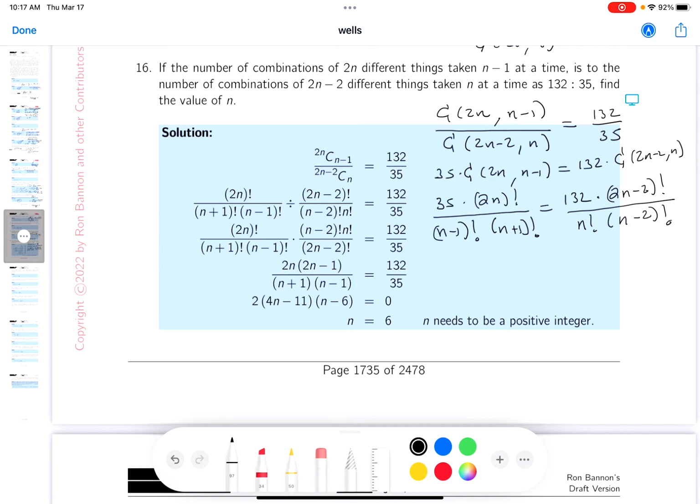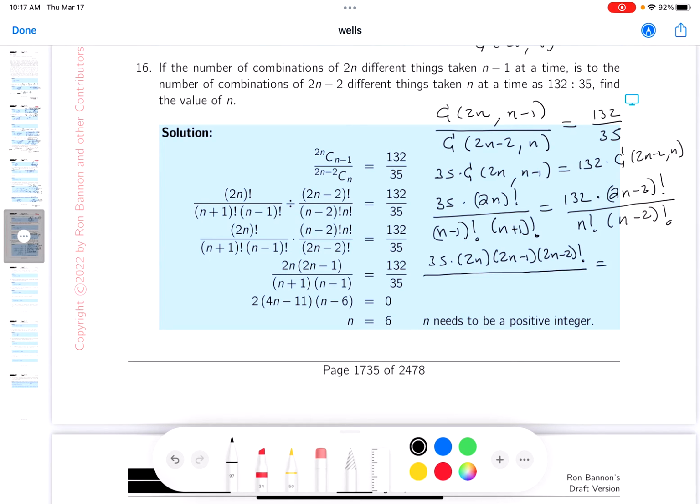And this does look nightmarish. I got to keep going through it though, and the point is just to see if I can simplify it. And you get 35. I'm going to expand a little tiny bit: 2n times 2n minus 1 times 2n minus 2 factorial.